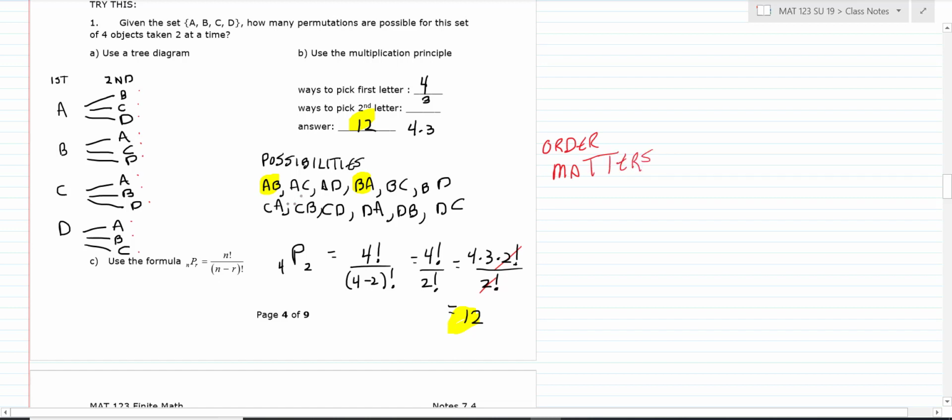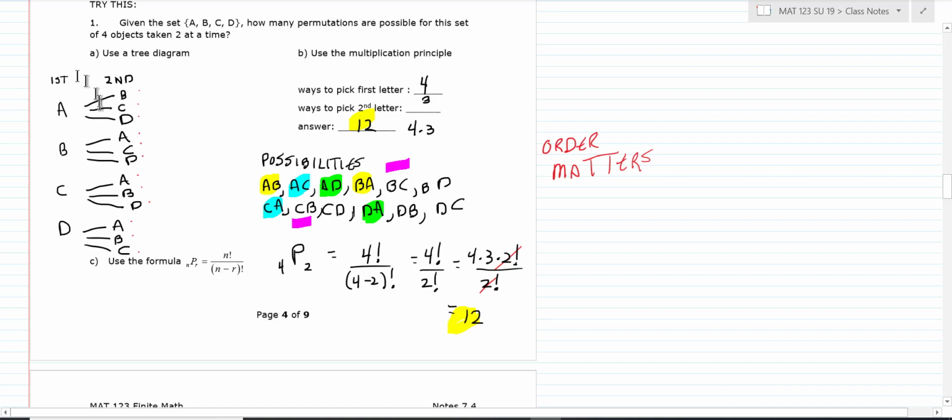AB is considered different than BA. And if you look in here, see how you have an AC and you have a CA. And you could identify this throughout. AD, you have a DA. BC, you have a CB, and so forth. BD, CD, DB. Did I get that right? Yeah, DC. So I've got everything, 2 of each, but the order they're in matters in a permutation. You can't repeat, and order matters. Okay, so that's how you do that.